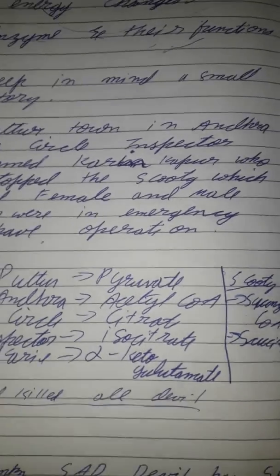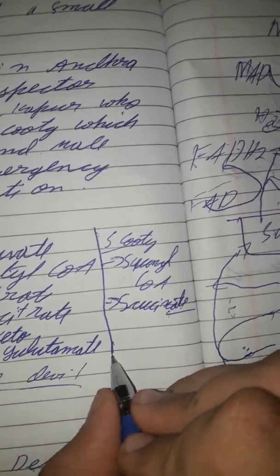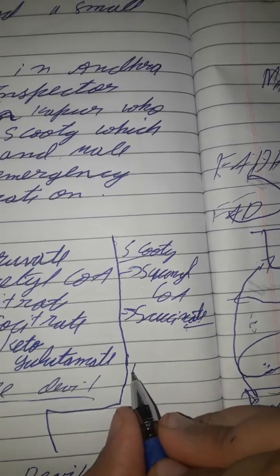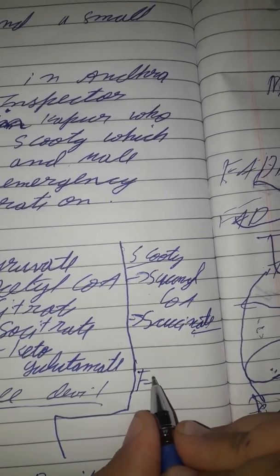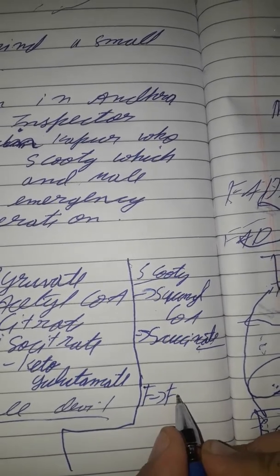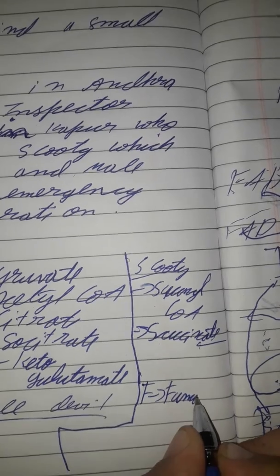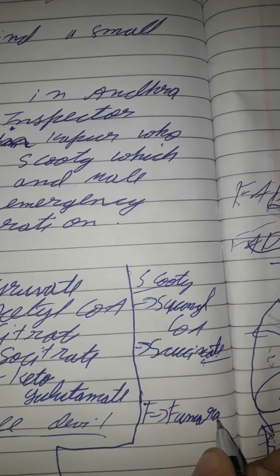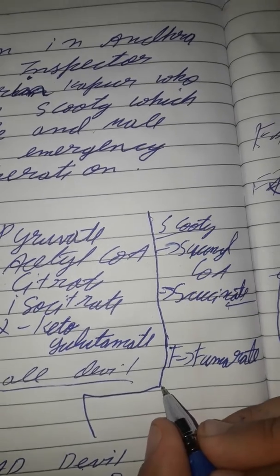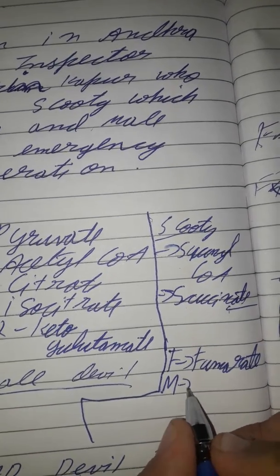So after stopping the scooty, who was there? A female and a male, right? Here for female I will simply write F. F stands for fumarate. Next is M. M means male, and male stands for malate.